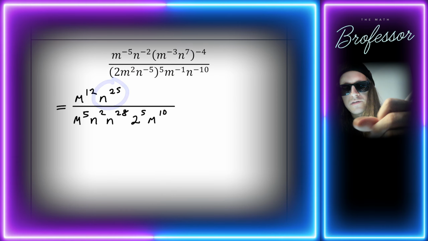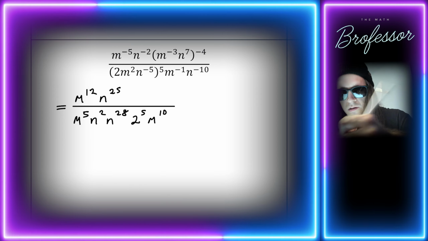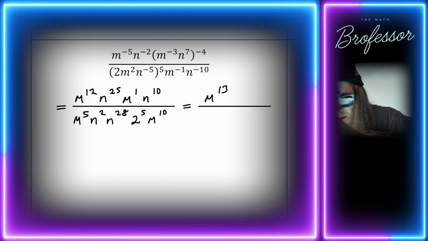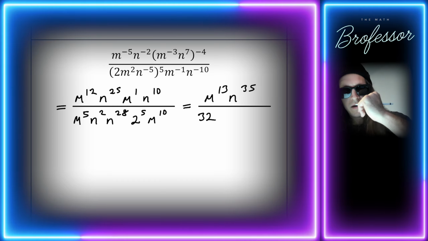So you see a positive 25 up top. Adding the exponents up top. 2 to the 5th is 32. Add all my exponents in the bottom.